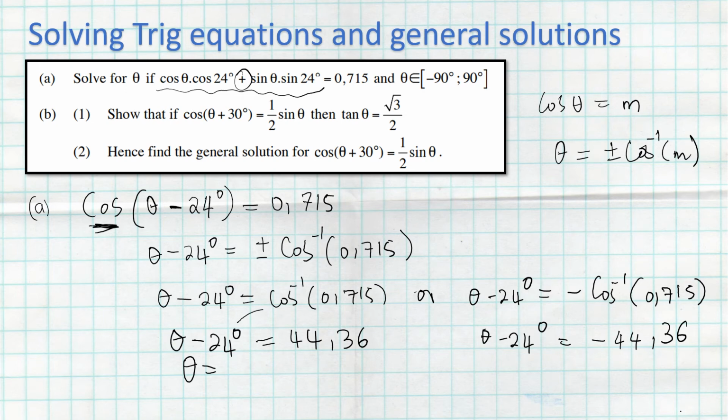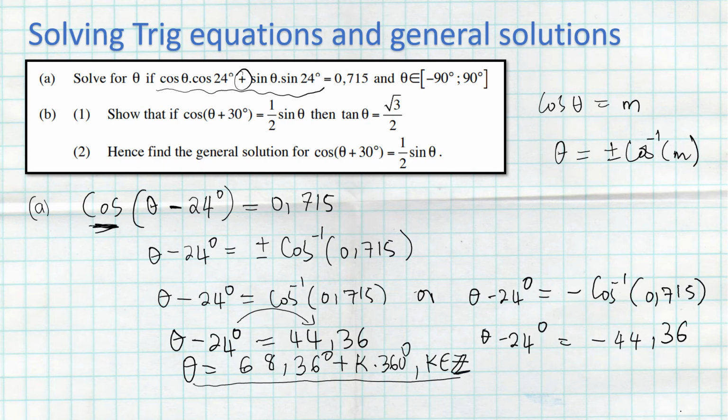When I add 24 to this side, it's gonna give me what? 68.36 degrees. So let me just also use the general rule for cos to say plus k times 360 degrees, where k is an element of all integers.